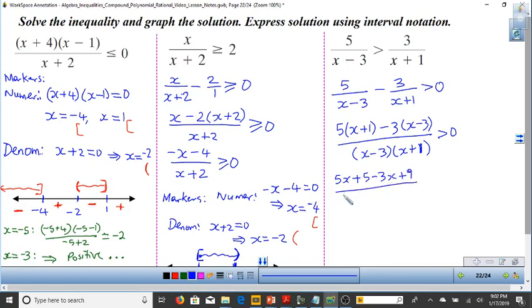And we're not going to distribute the denominator because we're going to need those markers. And so we end up with 5x minus 3x is 2x. 2x plus 14 over x minus 3 times x plus 1. And that's greater than 0.